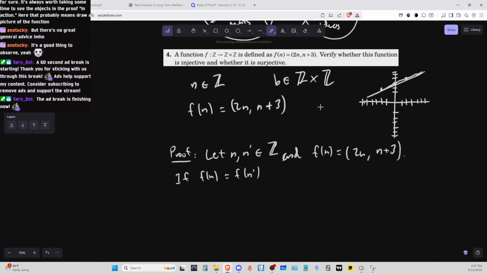One thing is that to prove it's surjective, I'm thinking of it as an equation, but at the same time it's like, how do you undo an ordered pair? That's the thing. Do you have to treat each part of the pair as its own separate equation, I guess? So I'm guessing B would have to be equal to 2n, and then B would also have to be equal to n plus 3.